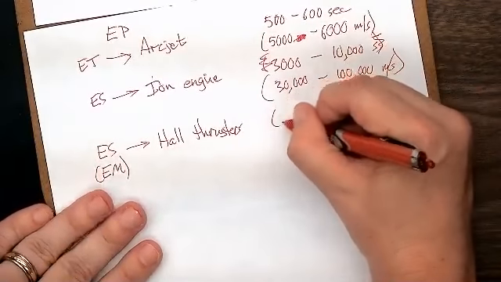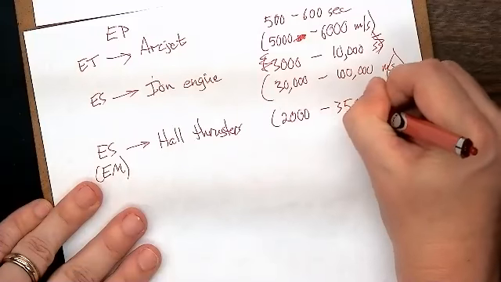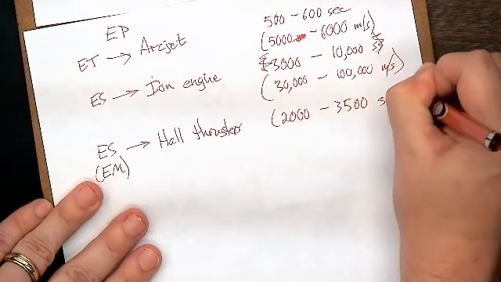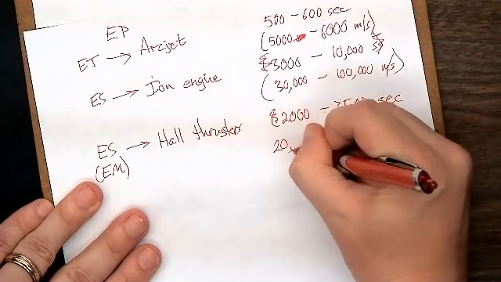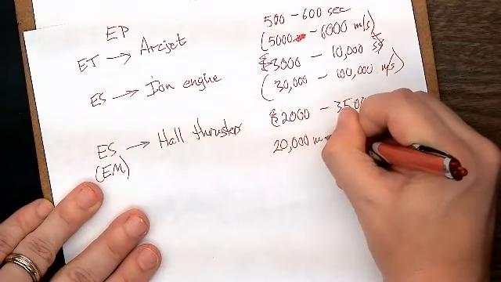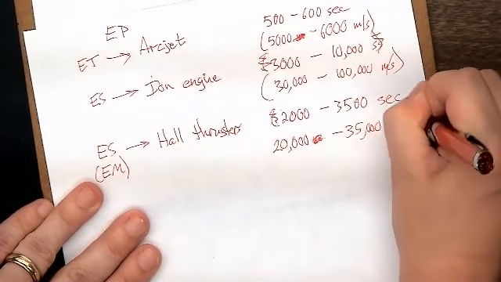But these are on the order of 2,000 to maybe 3,500 second Isp, which is 20,000 to 35,000 meters per second, roughly.